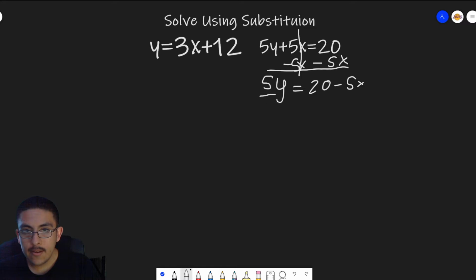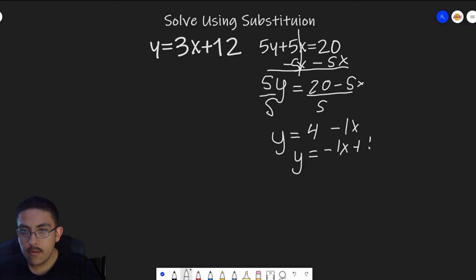We just need to isolate the y, divided by 5. Y is going to equal 20 divided by 5 is going to be equal to 4. 5 divided by 5 is going to be equal to 1, the minus 1, and x, and then we could rearrange it, and we could say y equals negative 1x plus 4. Okay.